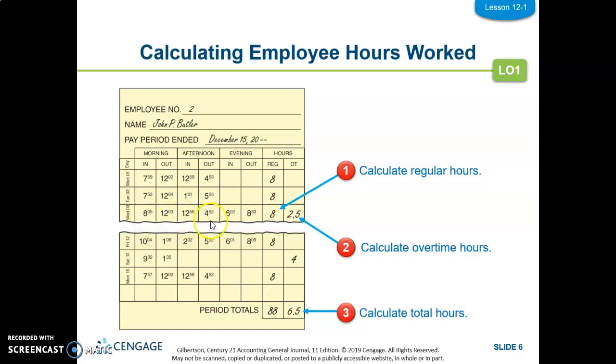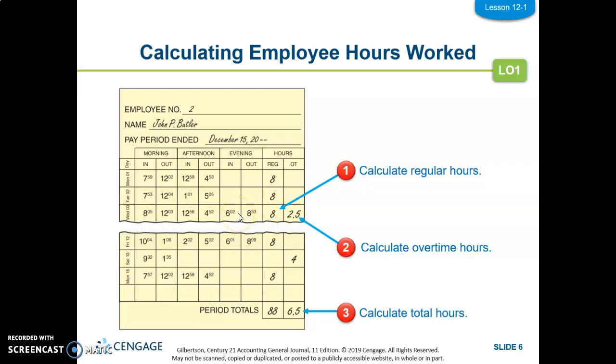In the afternoon, they came back at 12:56, which is closest to 1, and they left at 4:52. Well, 4:52 is closer to 4:45 than 5 o'clock, so it should be that they're leaving at 4:45. But the book screwed this up, and so did this, so it's considering that 1 to 5. So 4 hours worked there, 4 in the morning. That's a total of 8 hours regular.